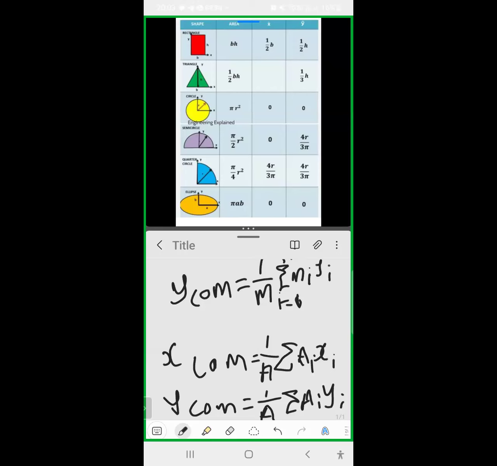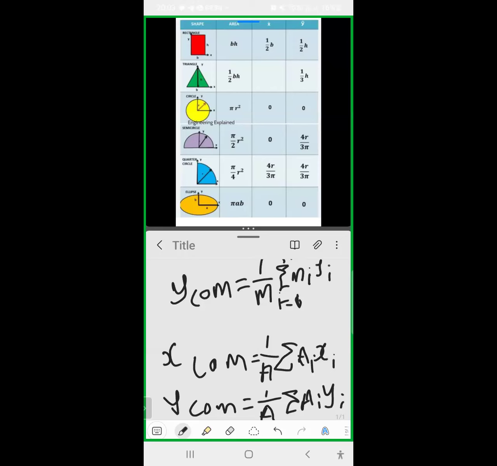As we can see for the rectangle example, its x center of mass is half of the breadth and its y center of mass is half of the height. So familiarize yourself with these equations as they will be helpful in solving many questions under this subtopic, center of mass.